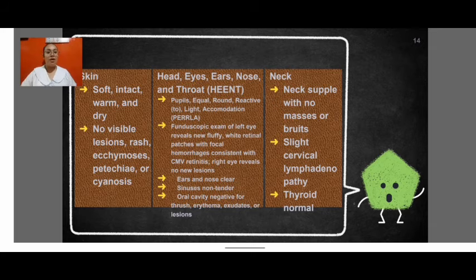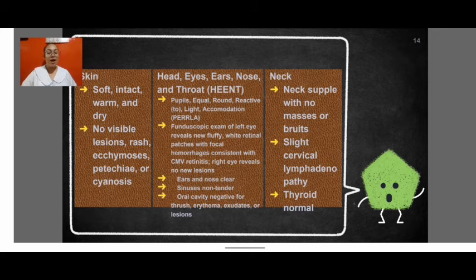For the HEENT, or head, eyes, ears, nose, and throat, pupils are equal, round, reactive to light and accommodation, and the fundoscopic exam of the left eye reveals new fluffy, white retinal patches with focal hemorrhages consistent with cytomegalovirus retinitis. For the right eye, it reveals no new lesions.